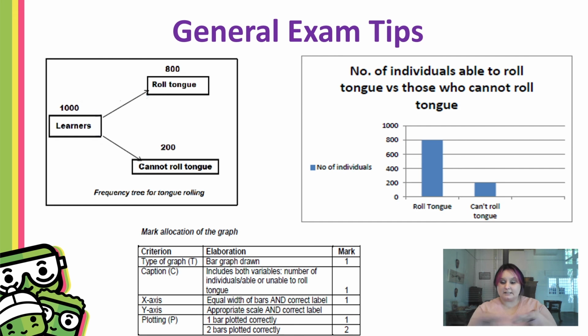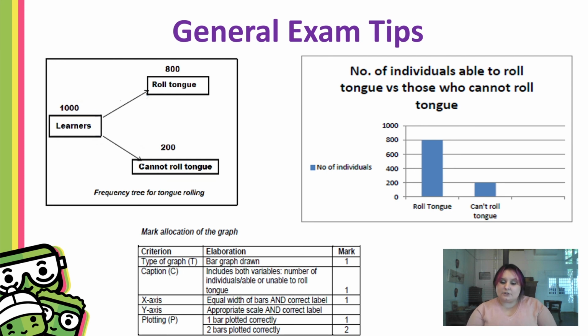On the x-axis, which is our horizontal axis, we always put our independent variable, which in this case is the characteristic of tongue rolling. Then on our y-axis, we put our dependent variable, which is the number of individuals. And so we're showing the number of students that can or can't do these things.